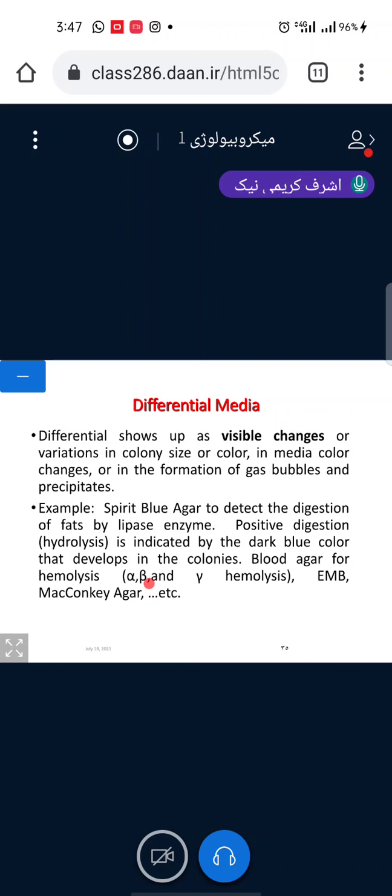And when bacteria couldn't hemolyze blood, this hemolysis is gamma. Alpha, not completely; beta, completely hemolyzes; and gamma, no hemolysis.